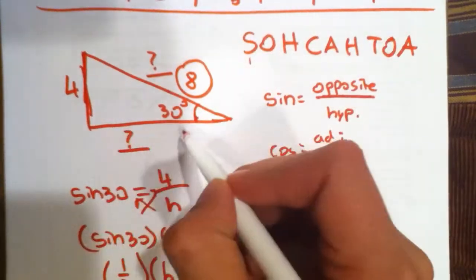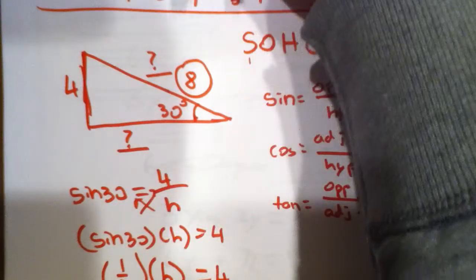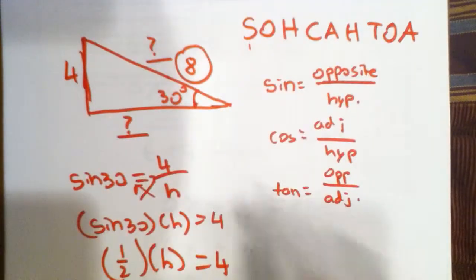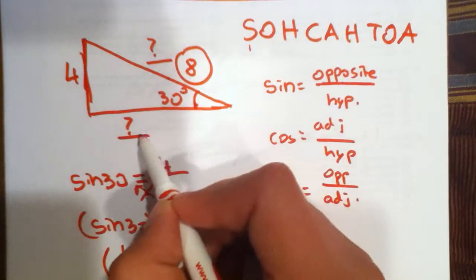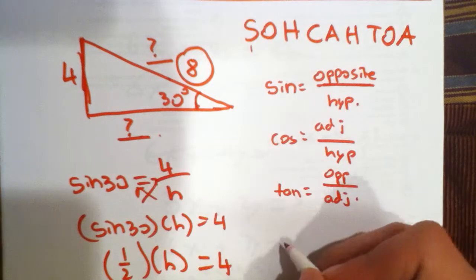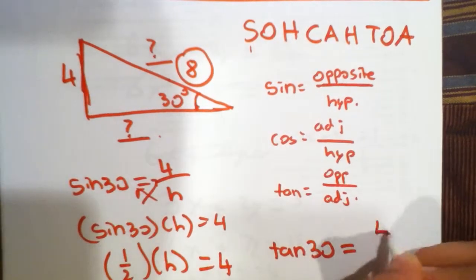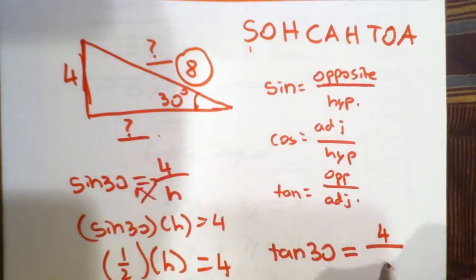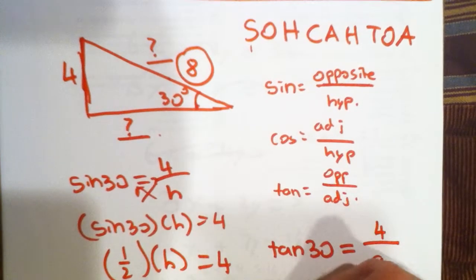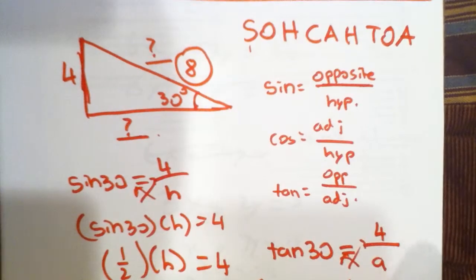Now we can also use a tangent function, or we can use the Pythagorean theorem, but in this case let's use the tangent function to determine the side for this. We're using a tangent function because we have the opposite side and we want to find the value of the adjacent. So tangent 30 is equal to 4 over, let's label this side A for adjacent. So tangent 30 times A, cross multiply, is equal to 4.